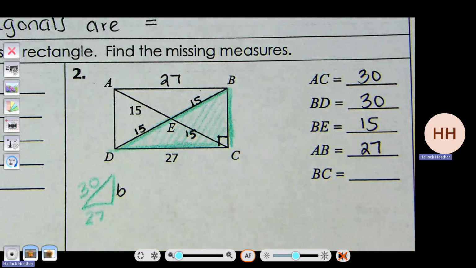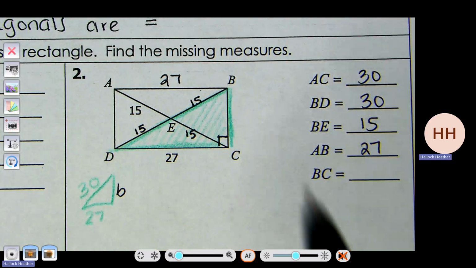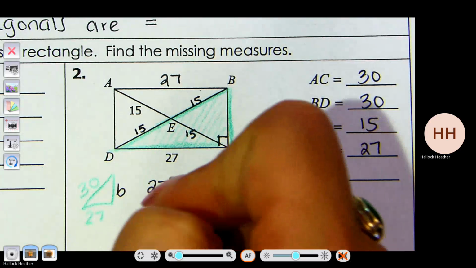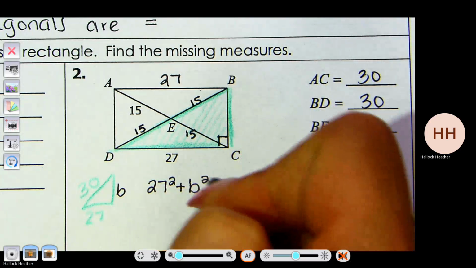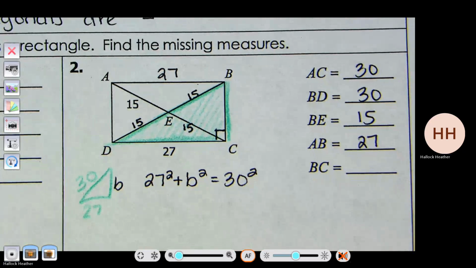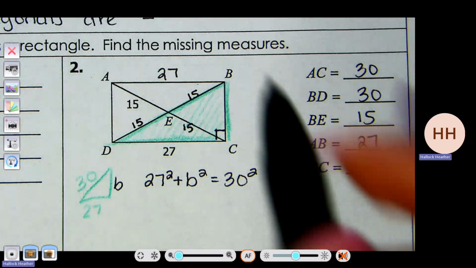Okay, so we're going to do 27 squared plus B squared equals 30 squared. So what's 27 to the power 2?